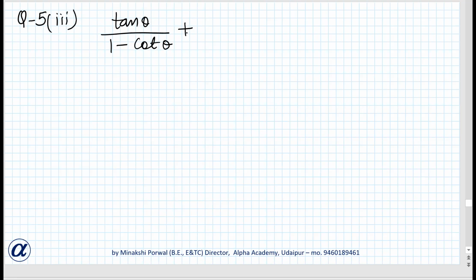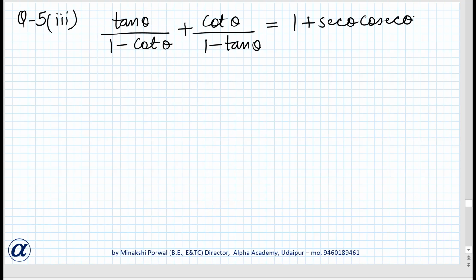Fifth question, third part. Tan theta by 1 minus cot theta, plus cot theta by 1 minus tan theta, equals 1 plus sec theta cosec theta. Okay. So how we'll solve this question?